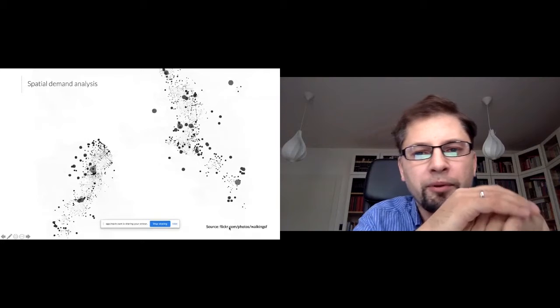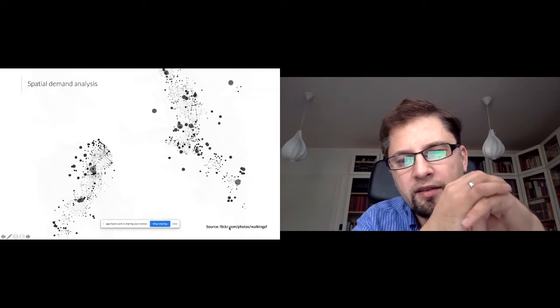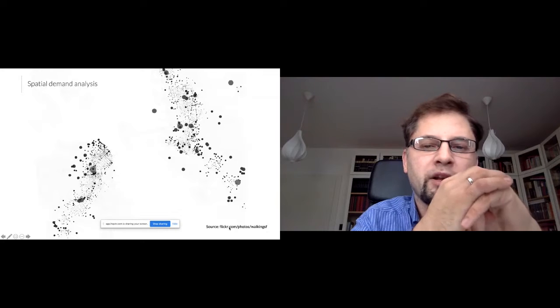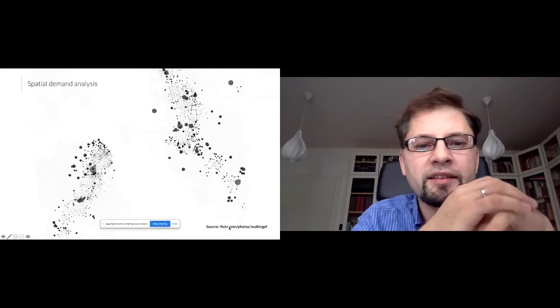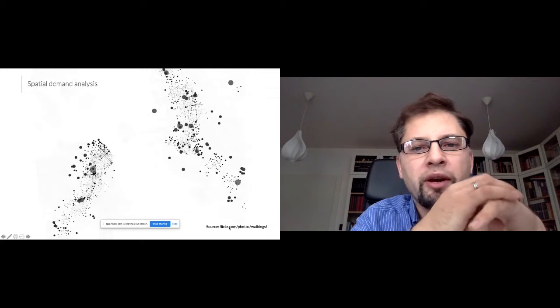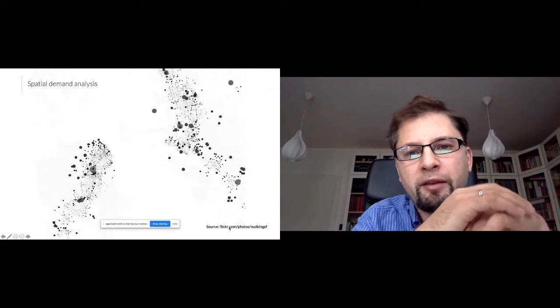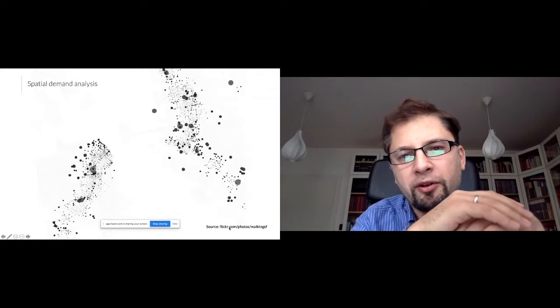Here we have an example of spatial demand analysis. It's a map of BART users in the Bay Area. And if you would simply create a map showing the users of the BART transportation system, then it would look like simple dots.